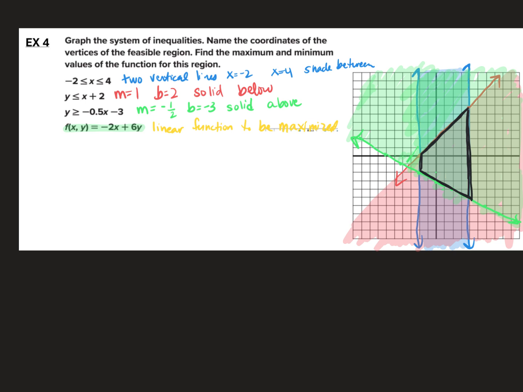Now, here's what I need. I need to find the corners or the ordered pairs of the polygon shape formed. So there are 4 ordered pairs. From the origin, I'll go left 2, so -2, 0 is one of them. And then I'll go left 2 from the origin, down 2, so -2, -2.